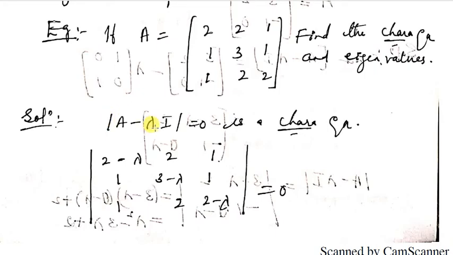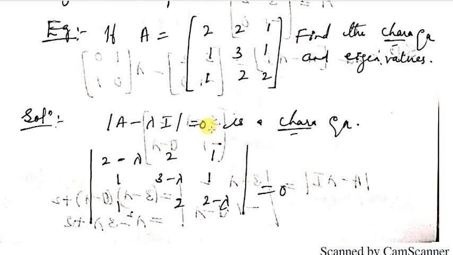If we take the determinant of this characteristic matrix, we get the polynomial. If we equate that polynomial to 0, it gives the characteristic equation. Here, I have directly taken the characteristic equation. So this is enough: let determinant of A minus lambda I equal to 0 be the characteristic equation. Is this clear?